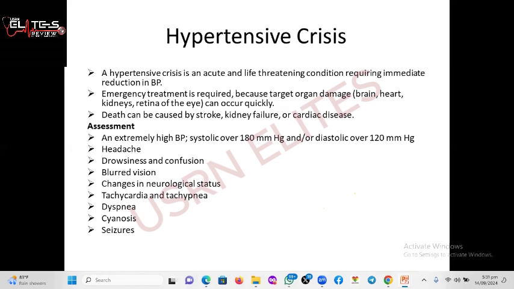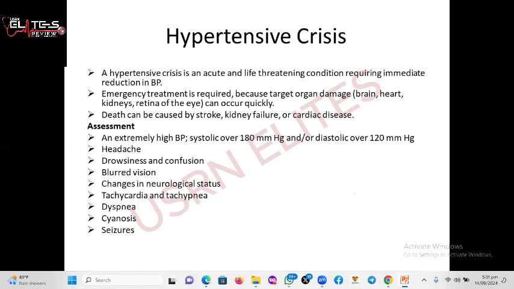Emergency treatment is required to prevent damage to organs like the brain, heart, kidneys, and the eye as well. So on assessment, you have the pressure of 180 over 120 for hypertensive crisis.